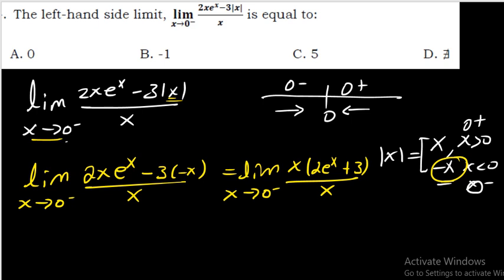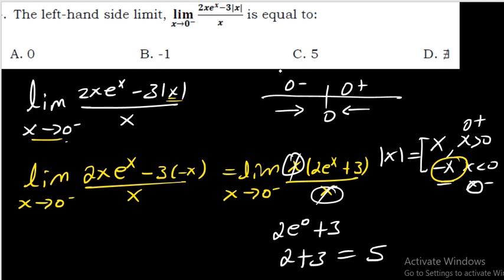Now we can cancel out the x. That was the problem, to substitute 0 directly. Now we can insert 0 directly: 2 e to the power of 0 plus 3. E to the power of 0 is 1, so 2 plus 3, which is 5. So the answer must be C.